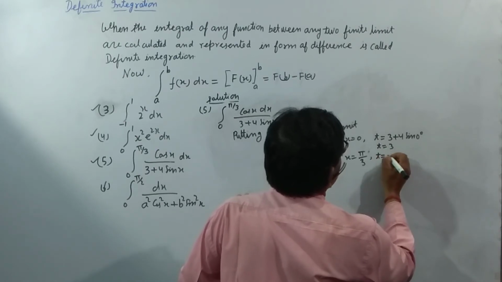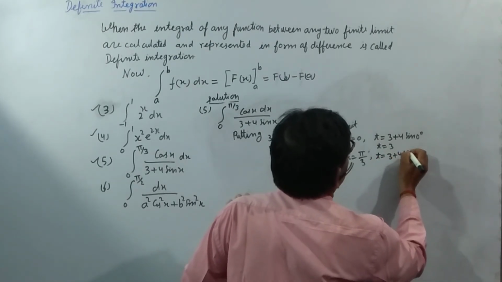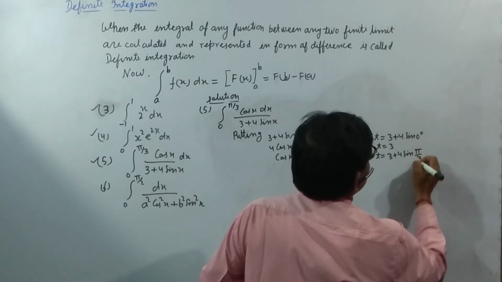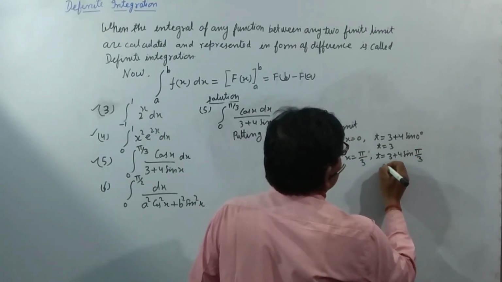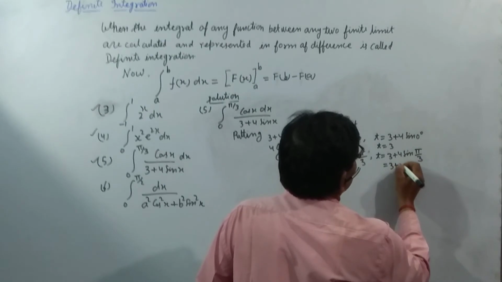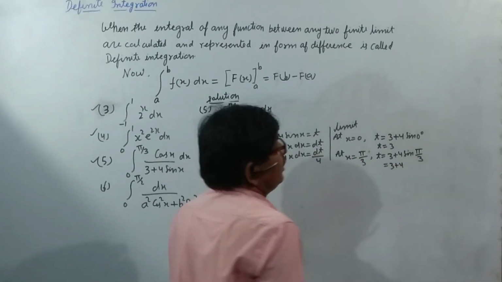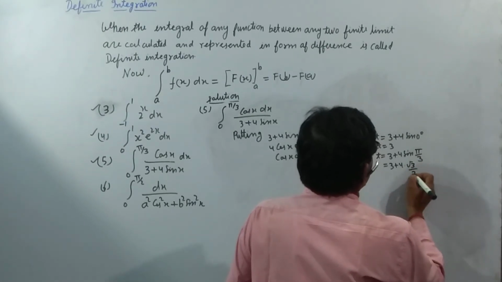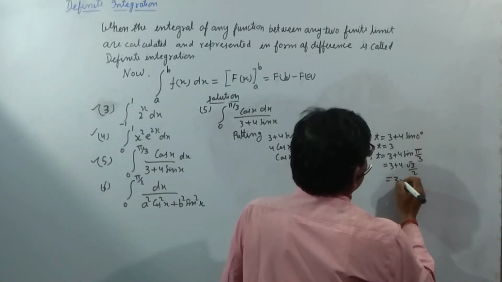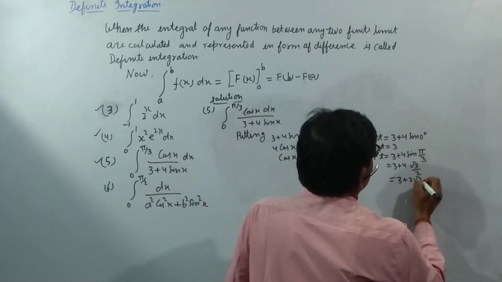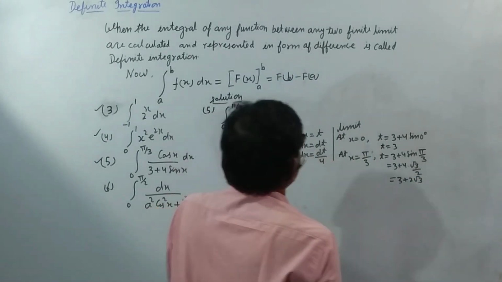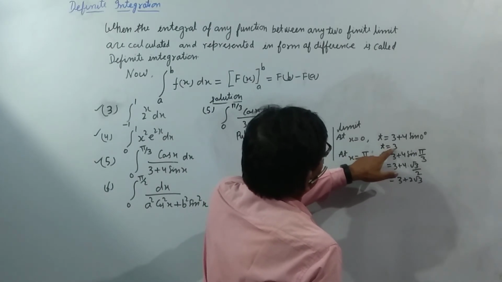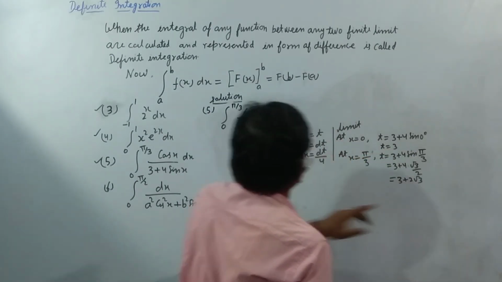At x equal to pi by 3, t equals 3 plus 4 sin pi by 3. Pi by 3 means 60 degree, sin 60 degree is root 3 by 2, so this is 3 plus 2 root 3. Now the limits will be t from 3 to 3 plus 2 root 3.